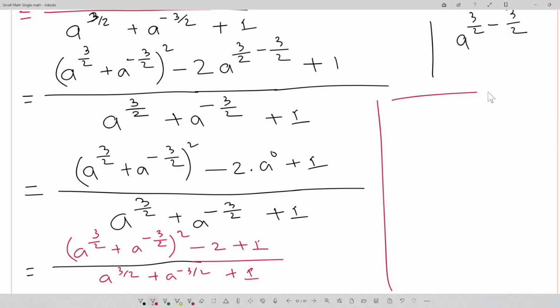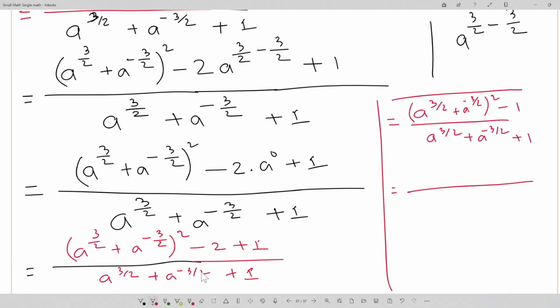Now it's a more important thing, so minus 2 plus 1 will be minus 1, so we can write a to the power 3 by 2 plus a to the power minus 3 by 2 whole square, and minus 2 plus 1 is minus 1, and here is a to the power 3 by 2 plus a to the power minus 3 by 2 plus 1.